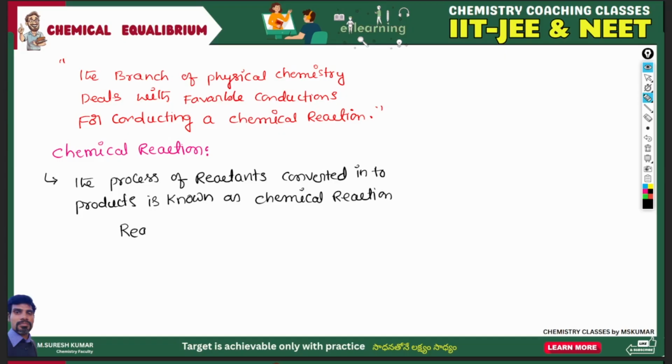So, in a chemical reaction, there are reactants and products. Reactants convert into new substances, which are called products.